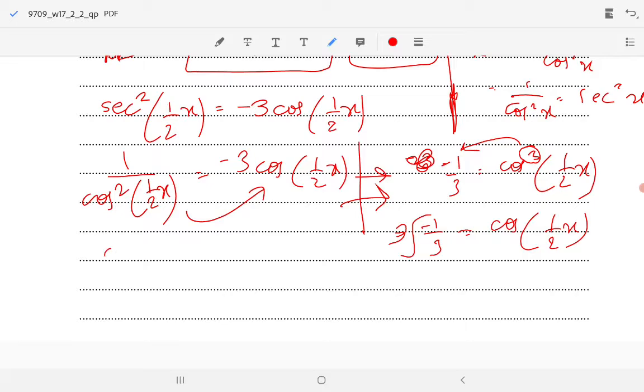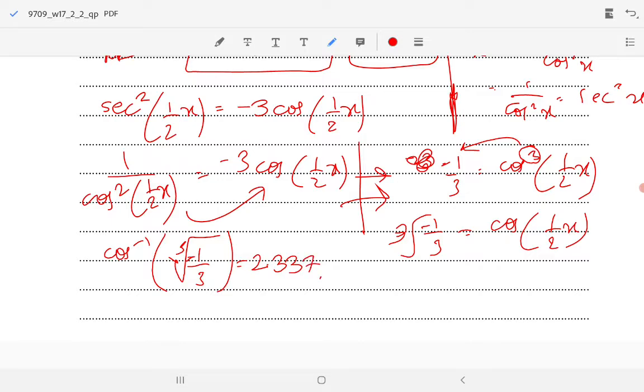So the cos inverse of cube root of minus 1 by 3 is, and don't worry guys, you'll be able to do it using your calculator. So it's 2.337.